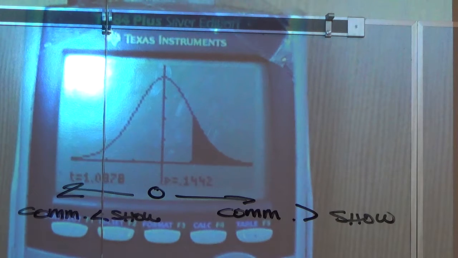You guys get the same thing I am? Yep. 14.42. Okay. Conclusion. It is not significant. Everybody hear that? We got ourselves a negative test result, which means it doesn't look like the commercials are all that much louder.